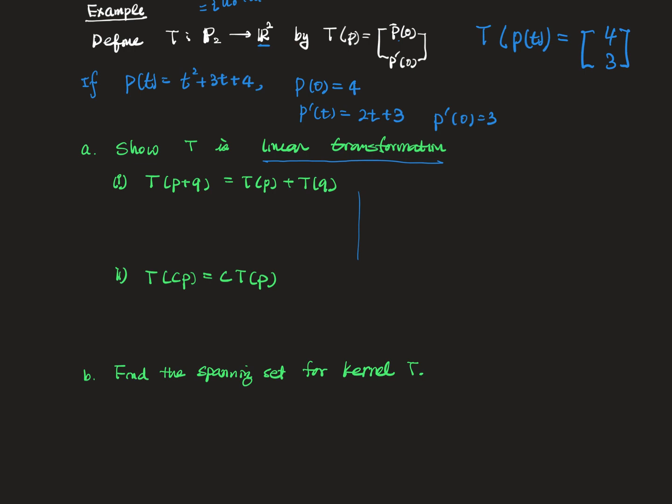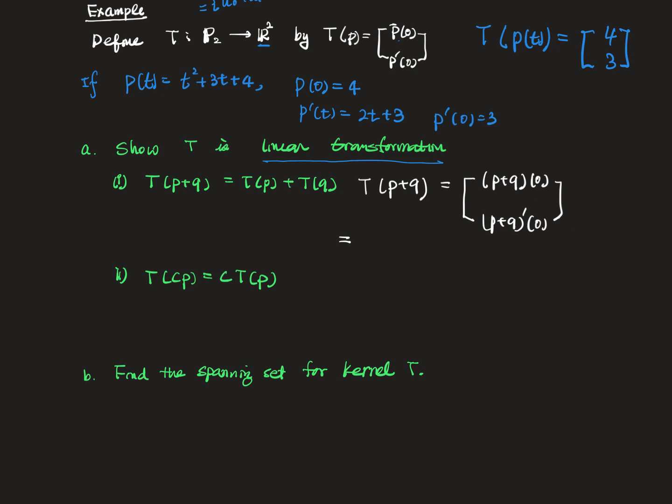Then you'll see the addition of functions and the transformation separate, and here is the scalar multiplication. Let's try this one. T of P plus Q: what's the definition? Here, P plus Q evaluated at 0, and the derivative of P plus Q at 0. That's the definition, right?